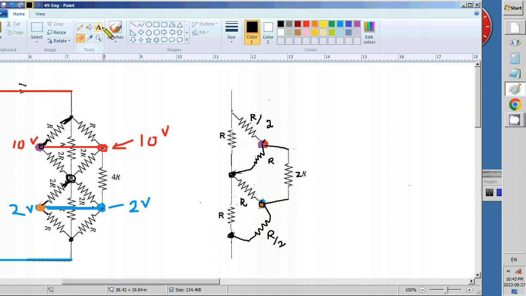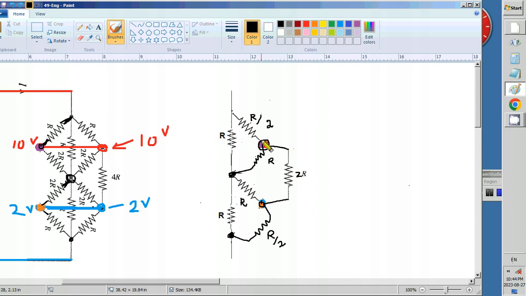Now we have another problem. Furthermore, we can't simplify because we can't see anything in series or parallel. This one is not in series with this one because there is a sub connection, a line connected in between these two.